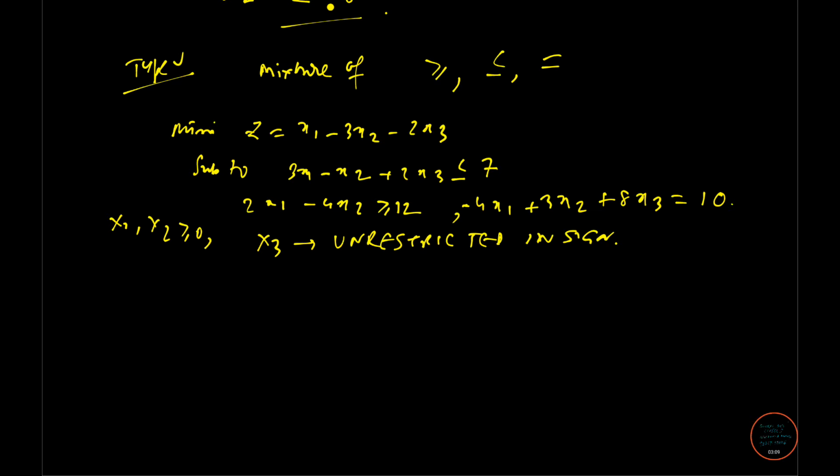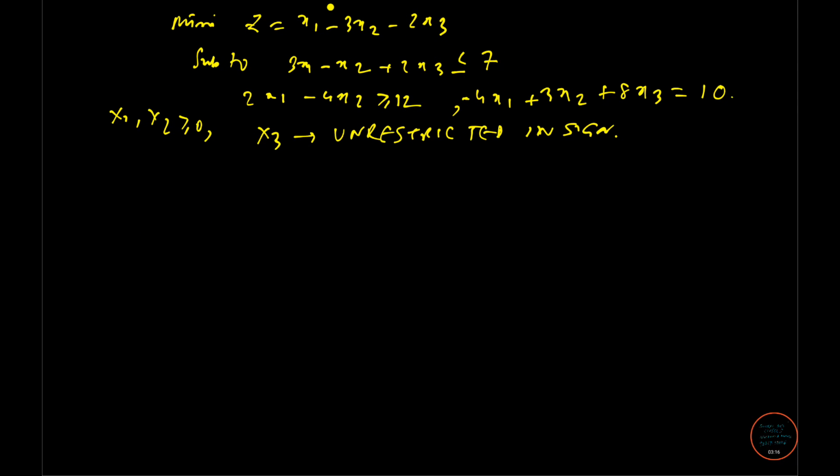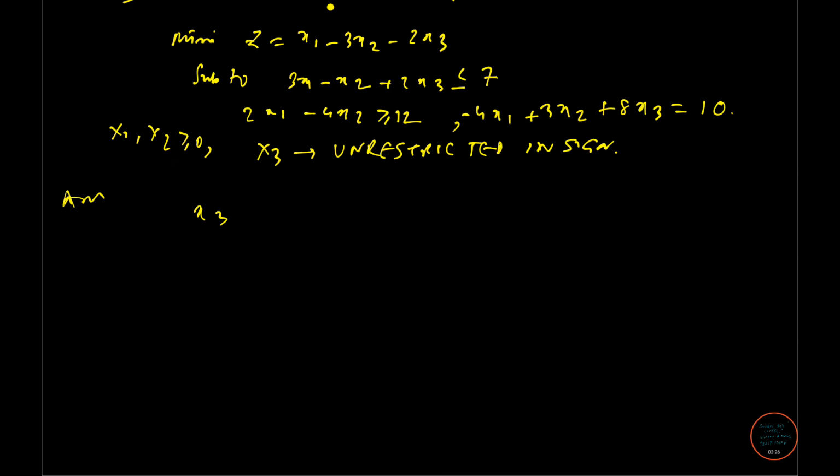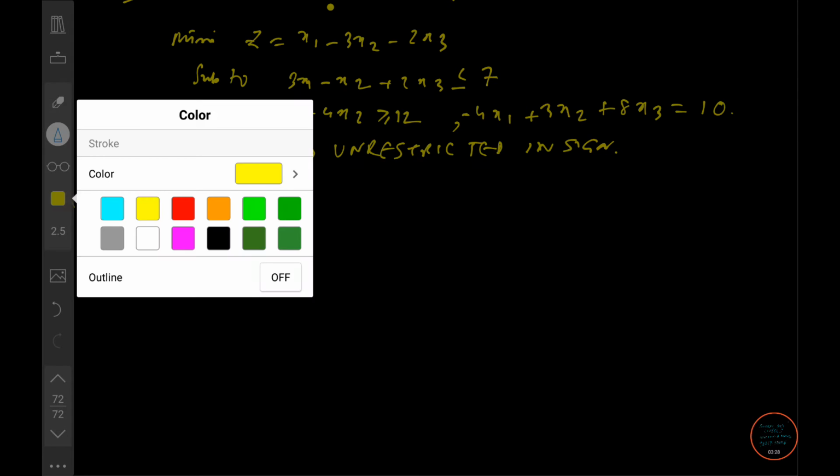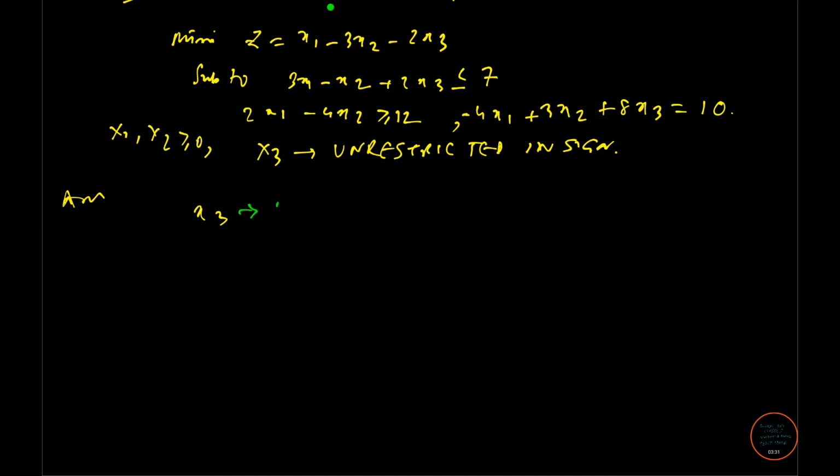There's a very proper way of solving this, because otherwise it will be very hard to get a proper answer. So let's start it. As x3 is unrestricted, let x3 equal to x3 dash minus x3 double dash. Every time you need to write it, although if you are given an MCQ examination, it will not be needed. Obviously both x3 dash and x3 double dash are positive.